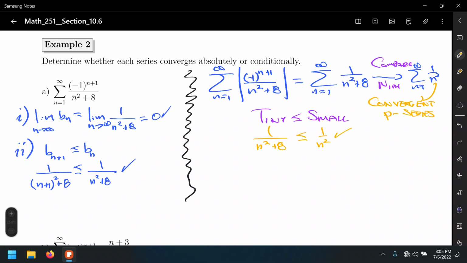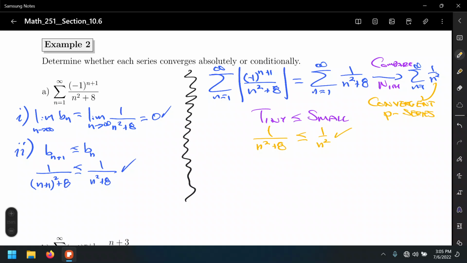Okay, so here we're going to backtrack a bunch of information. So number one, this absolute value of the original problem will do whatever the test series does because we were able to show that tiny is less than small. So in other words, this series will converge by direct comparison with 1 over n squared.